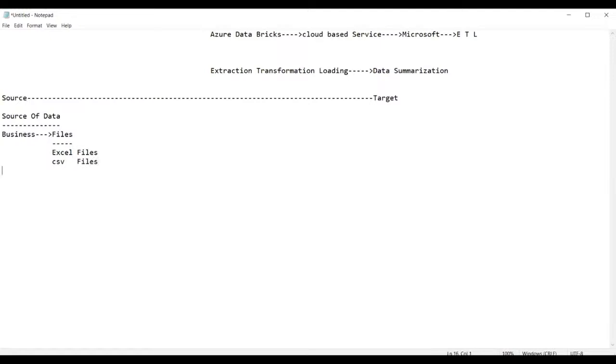Excel files, comma separated value files, and you have JSON files. JSON stands for JavaScript Object Notation files. Okay.